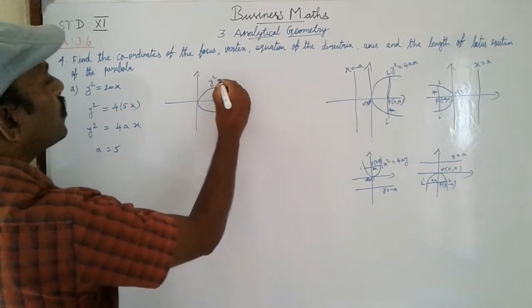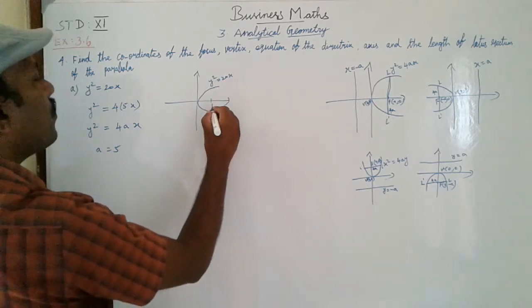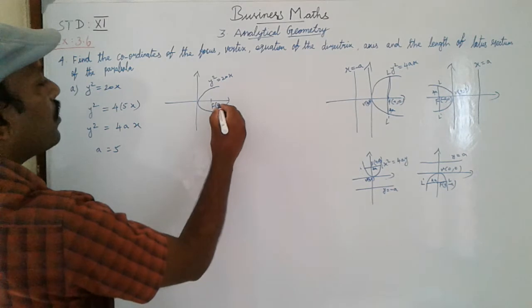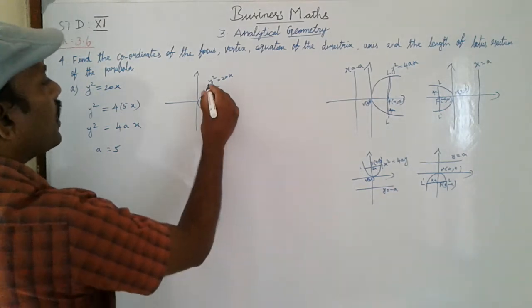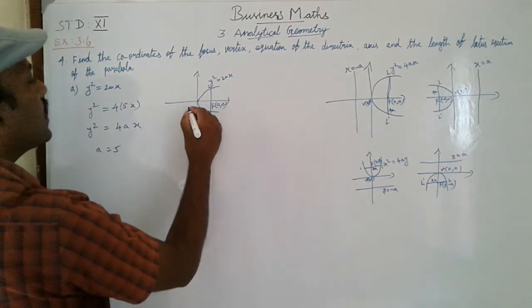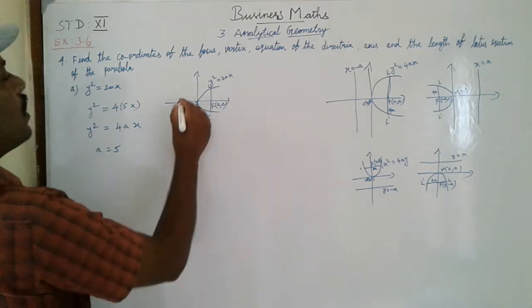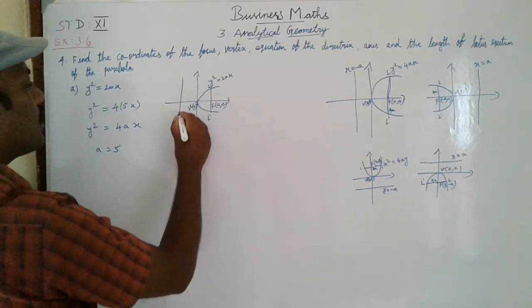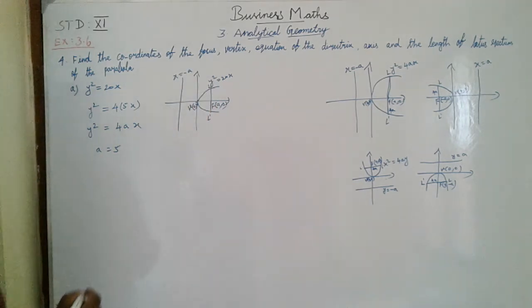Here focus formula is a comma 0, latus rectum L L dash, vertex V of 0 comma 0, directrix x equal to minus a.